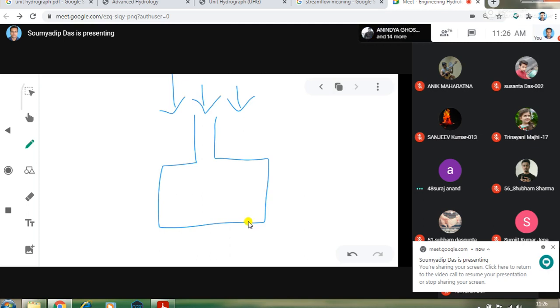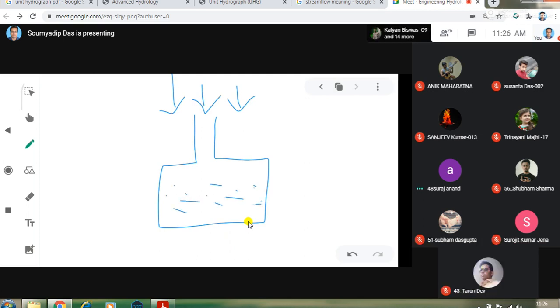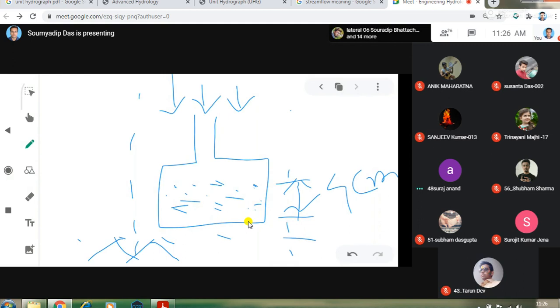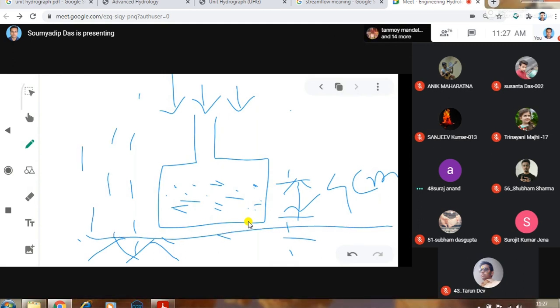Due to this particular rainfall, some amount of rain will be collected in this rain gauge. After 4 hours we have measured that this value is 4 centimeter. Another amount of rainfall has occurred on this particular surface, and that we could not measure, so that is your loss.